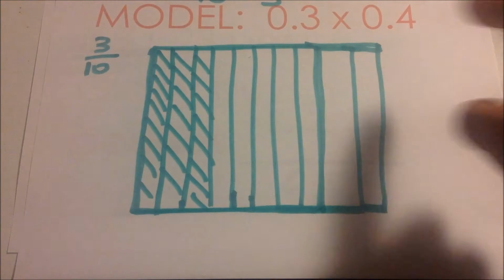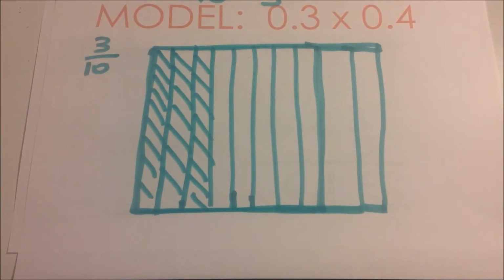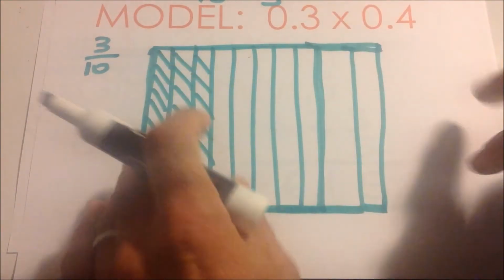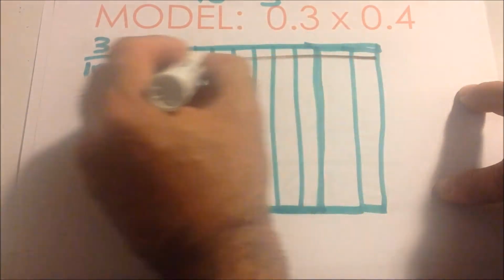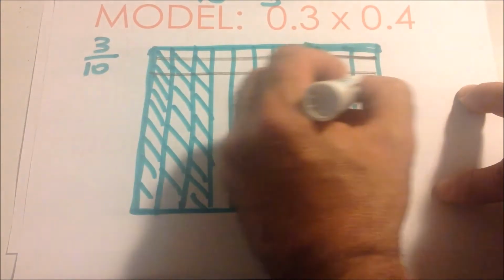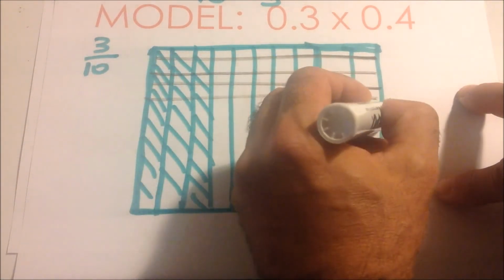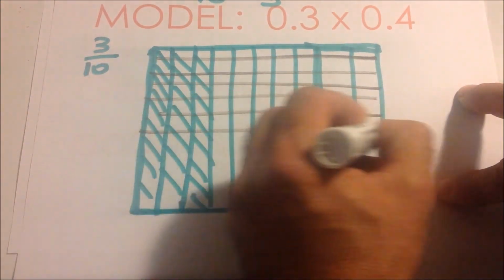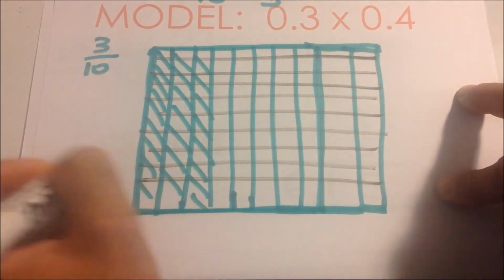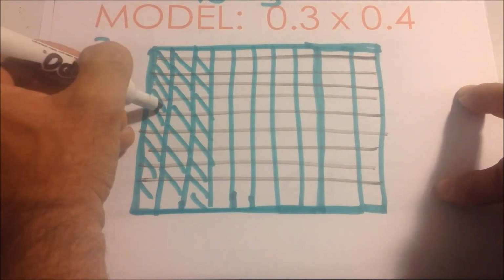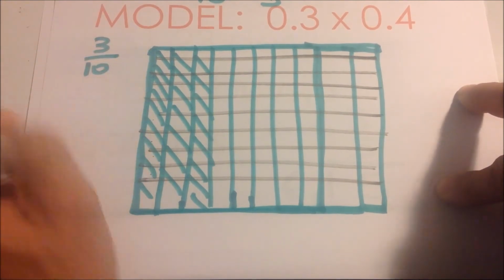Now, let's represent 4/10 by doing it the other way, left to right. So now, we'll make 10 boxes going this way. 1, 2, 3, 4, 5, 6, 7, 8, 9. That should be 10. So let's count. 1, 2, 3, 4, 5, 6, 7, 8, 9, 10.